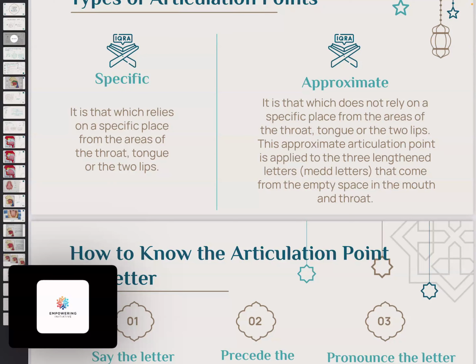The approximate is where it does not really rely on a specific place in those makharij. Those articulation points apply to the three lengthened letters, the med letters, huruf al-mad, which come from the empty space in the mouth and throat.